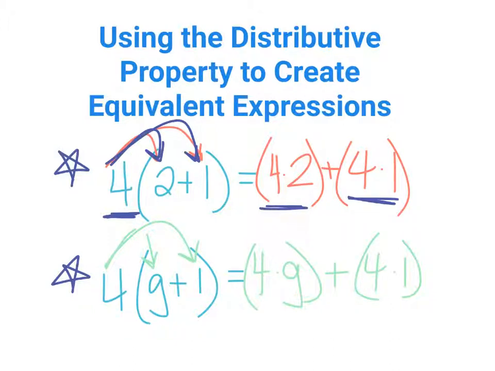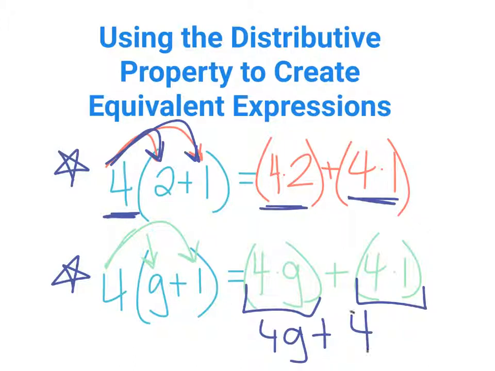Remember to always share with each part and make sure that you're combining or simplifying your terms so that you are looking at its simplest form. So in this case, I don't know what G is, so my simplest form would be 4G plus 4.